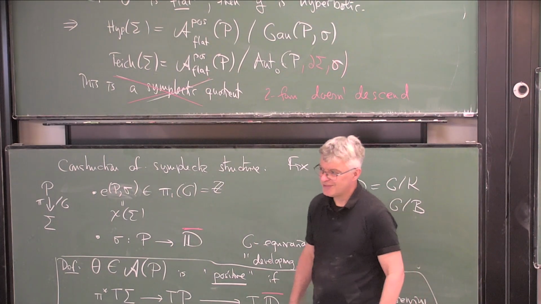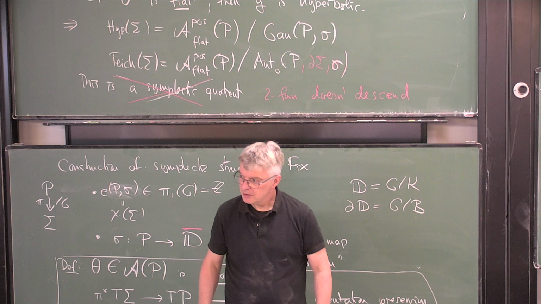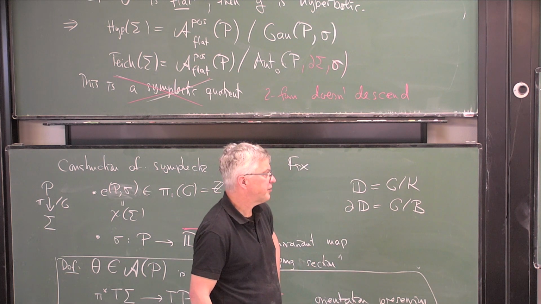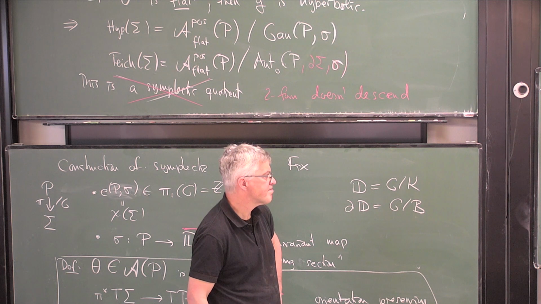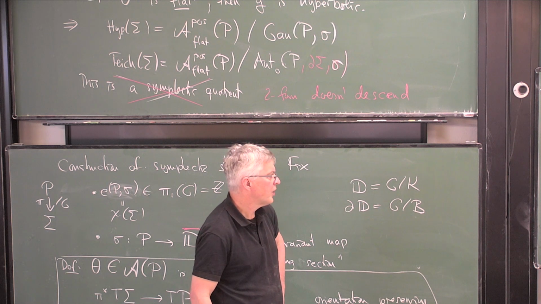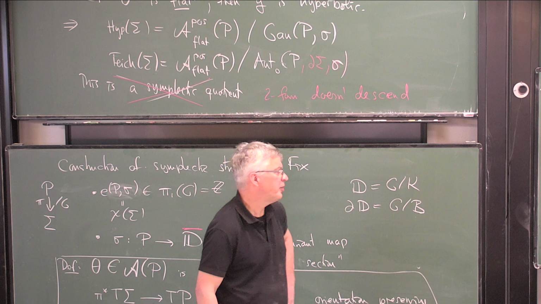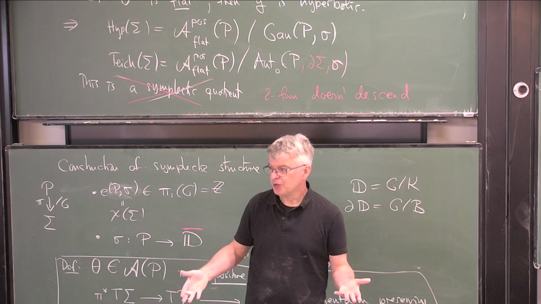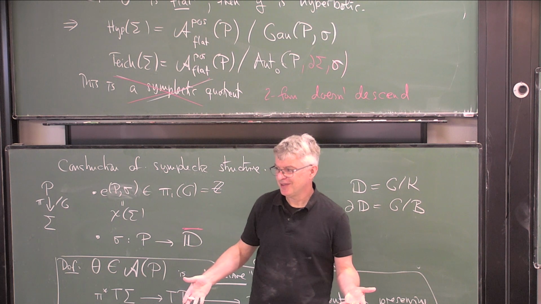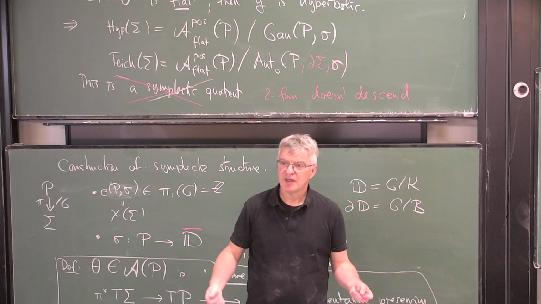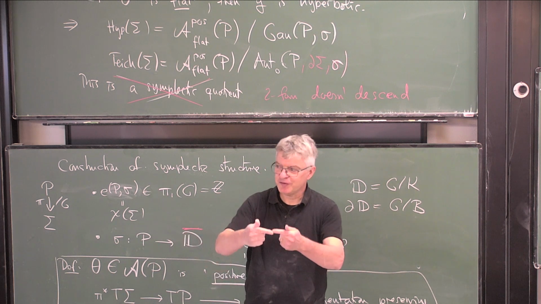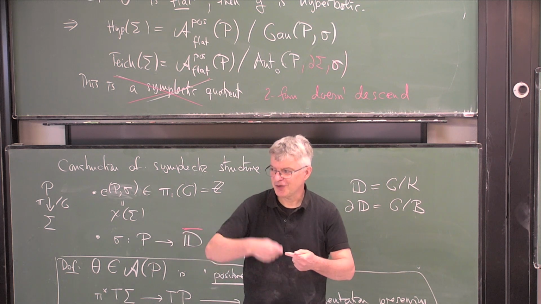Is there a fundamental reason why quadratic differentials appear in your moment map? One simple reason is: what is the dual of the Lie algebra of vector fields? If you have a vector field and a quadratic differential, you pair them, you get a one-form, and you can integrate over the circle.